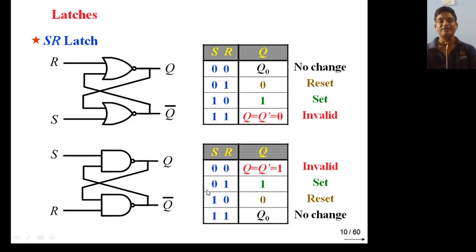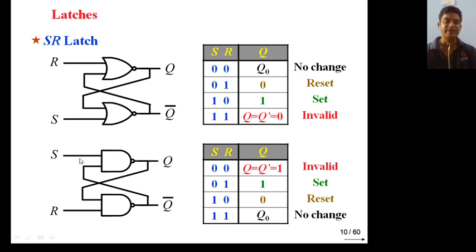Similarly, find out for S equal to 0, R equal to 1. Now this is 0, this is 1. Without noting the value of Q, Q0, you can directly write down the next state. Suppose this is 0 and this is 1. First determine the output of this.